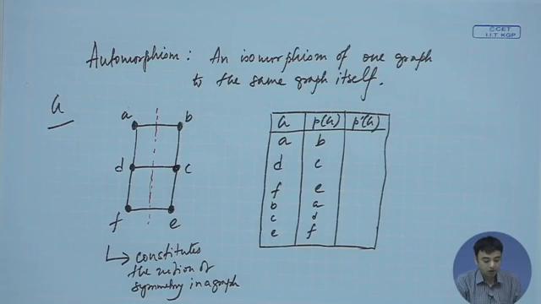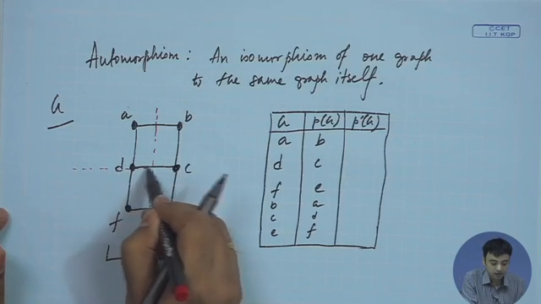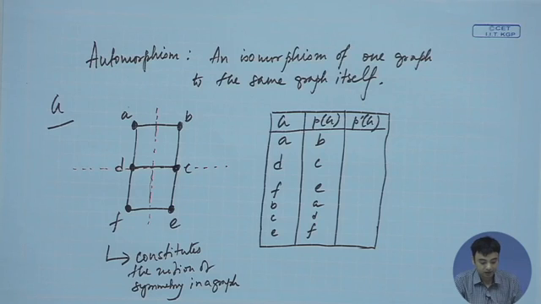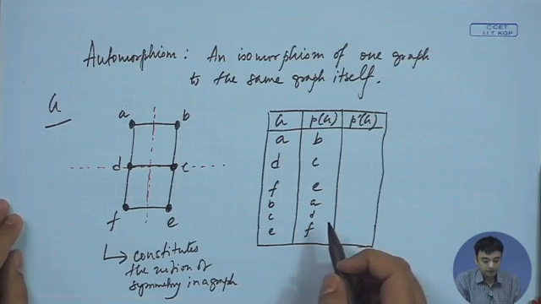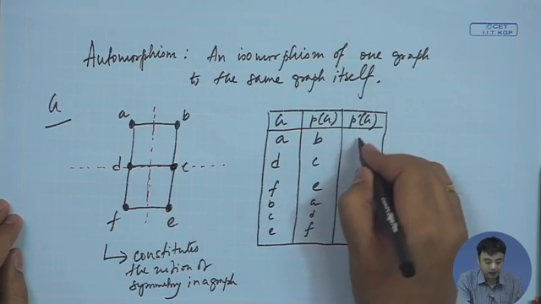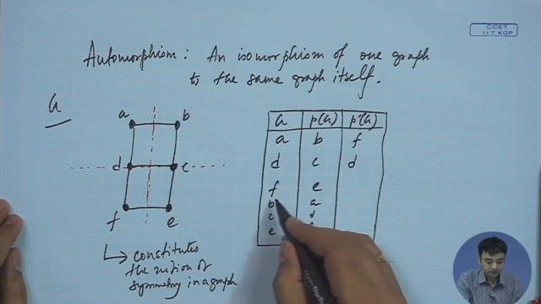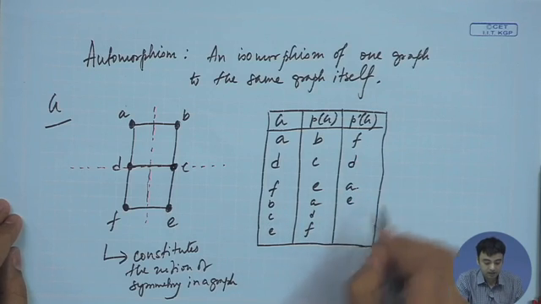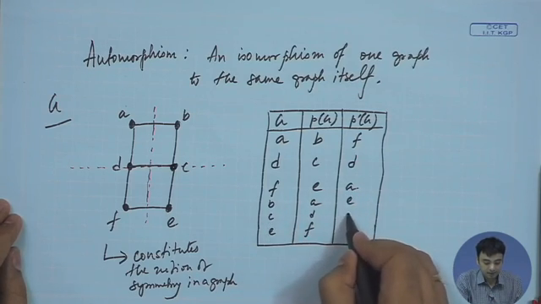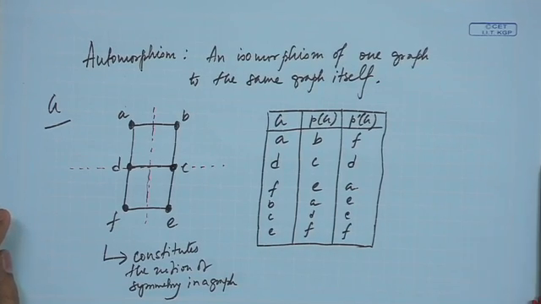On the other hand, you can also construct another line of symmetry across the horizontal plane. Here the automorphism is established as follows: A maps to F, D maps to D itself, F maps to A, B maps to E, C maps to C itself, and E maps to B. In this way you can construct an automorphism for a given graph.